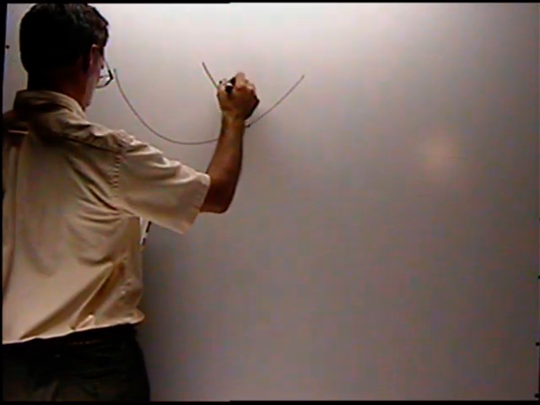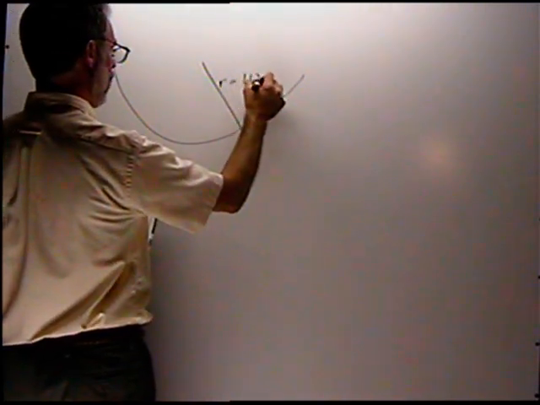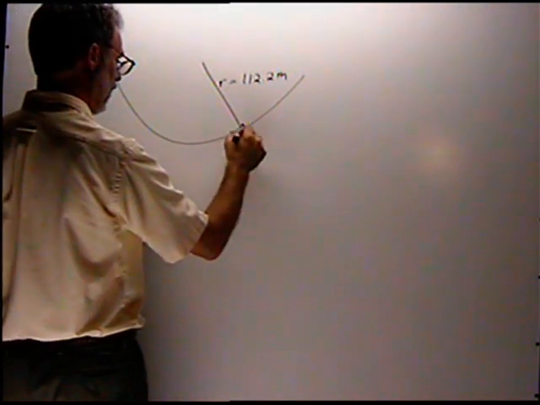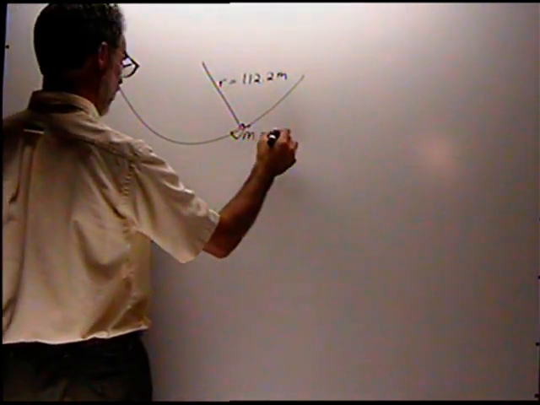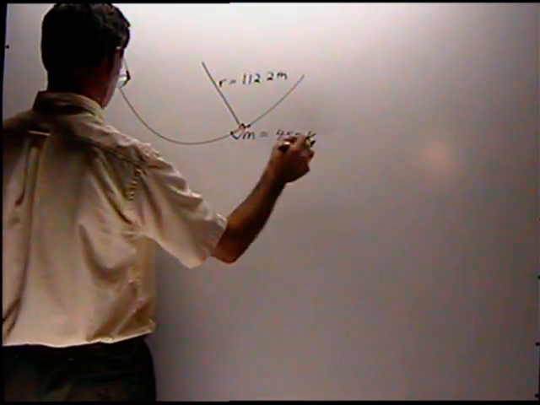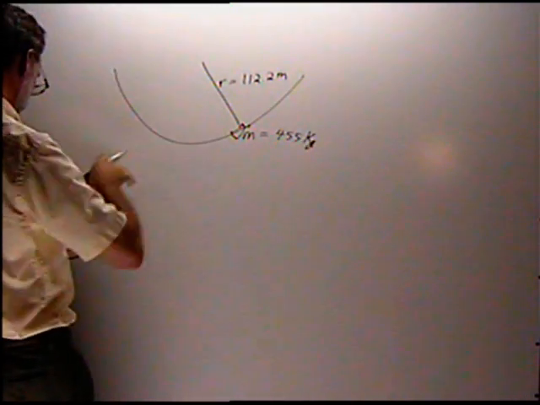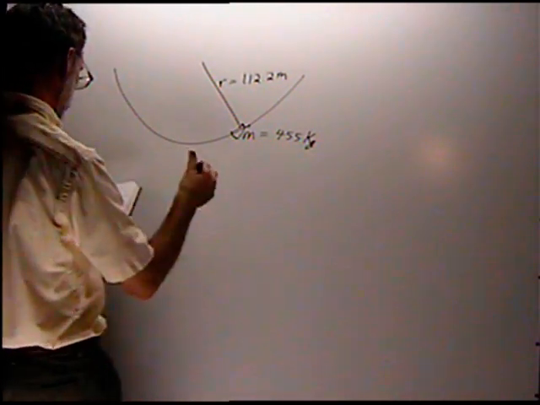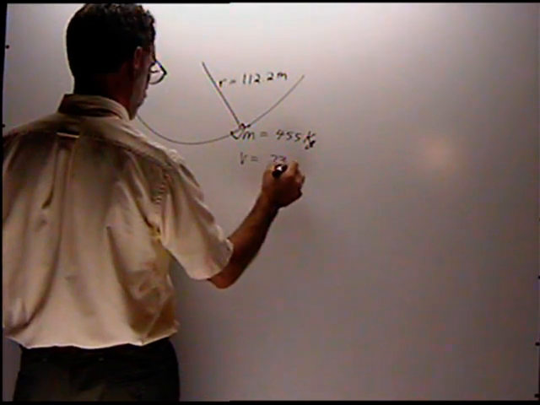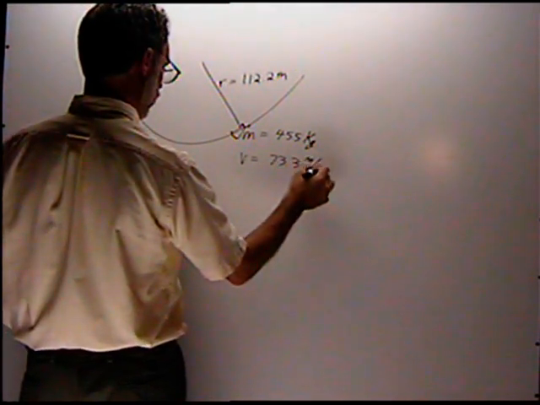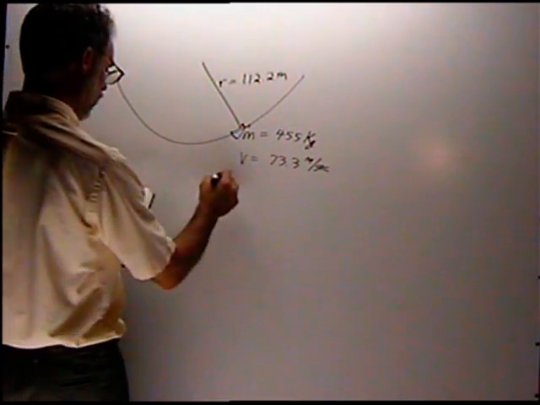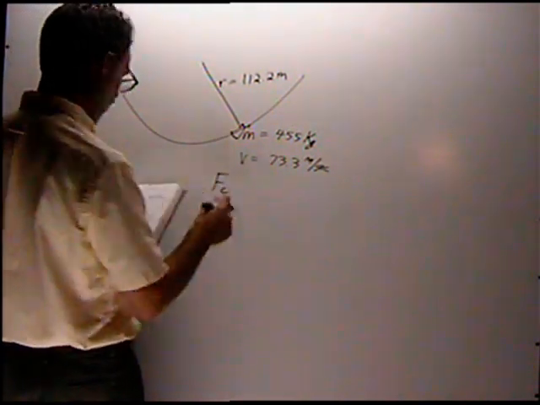The radius is 112.2 meters, and the mass of his plane is 455 kilograms. Okay, and the plane's airspeed is 73.3 meters per second. Question is, what is the centripetal force on the plane?